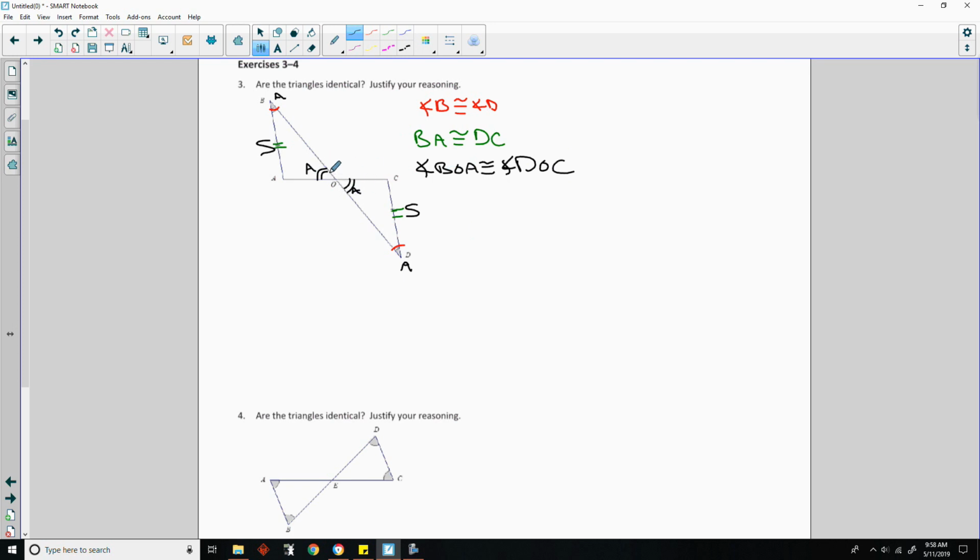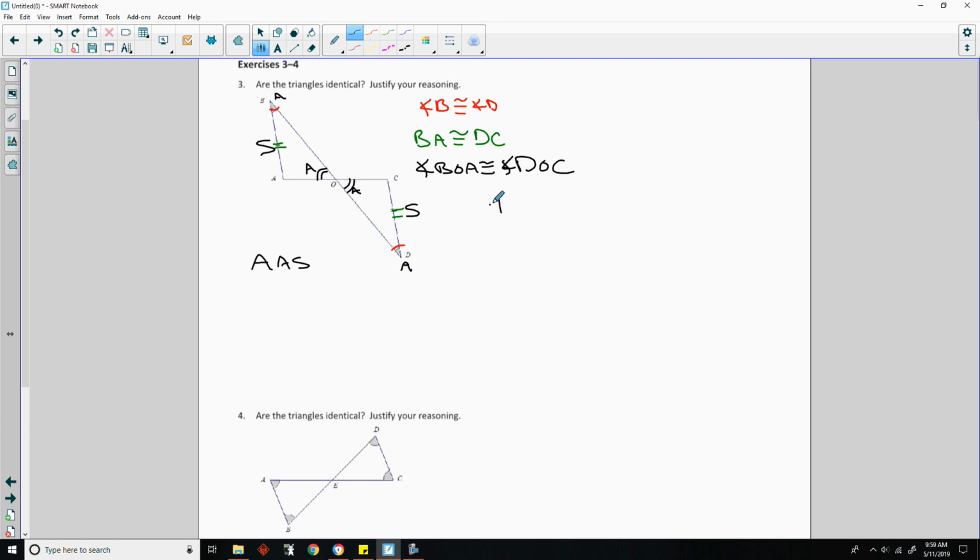So I have an angle, but it's a non-included side. In order to be an included side, for those who are still struggling with included, the side would have to go from one marked angle to the other. So the included side would be BO, not BA. So it's a non-included side. So that is angle, side.